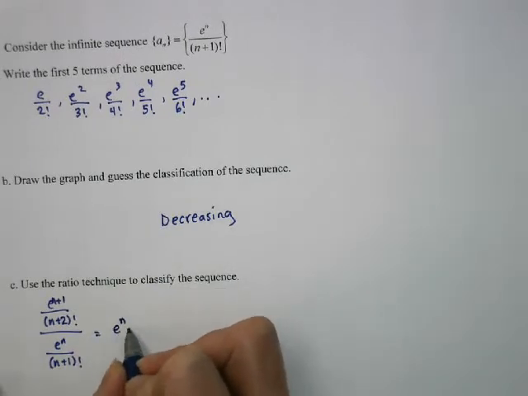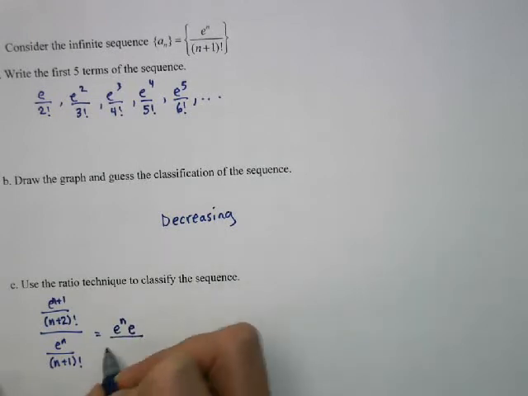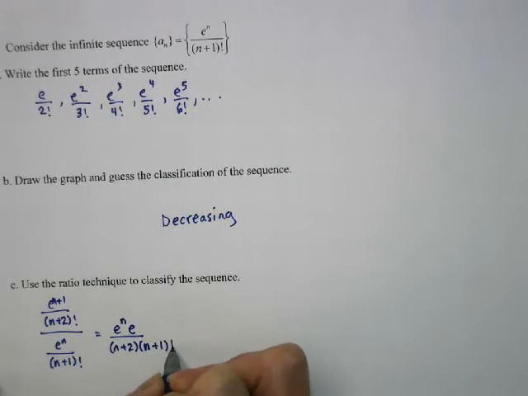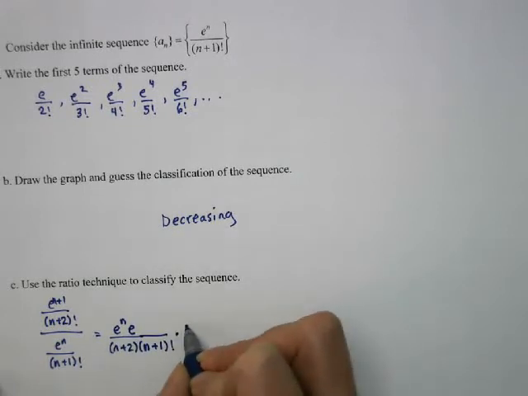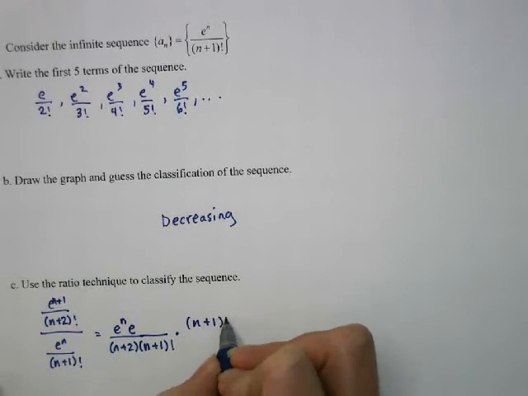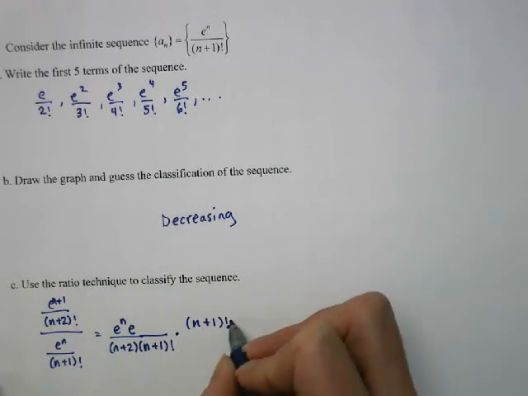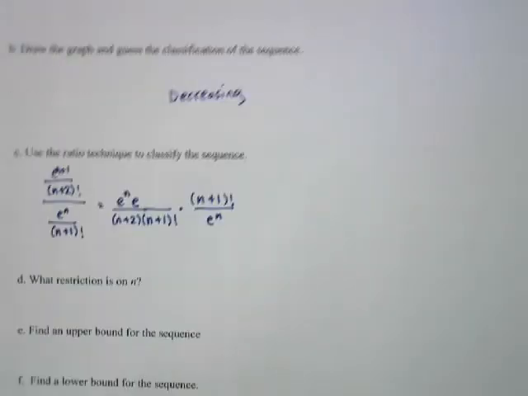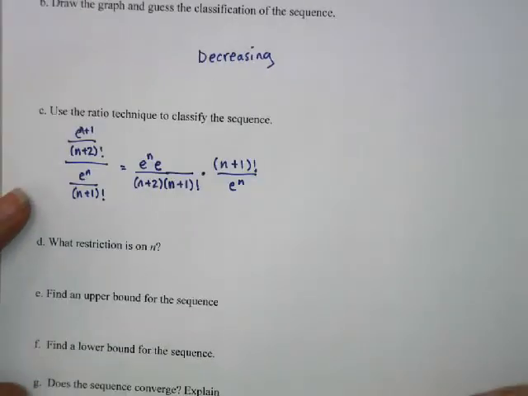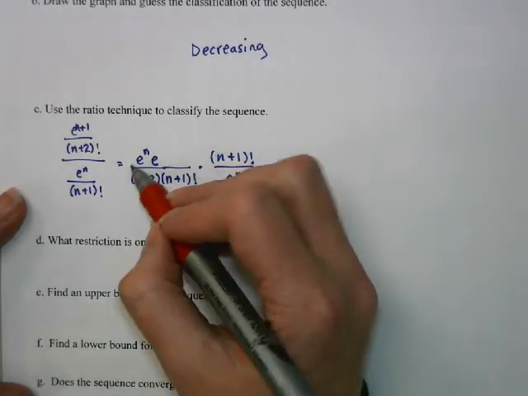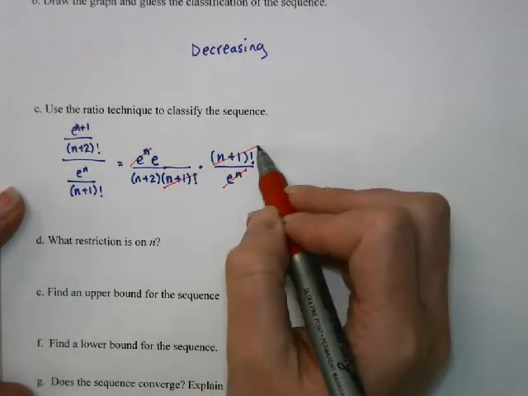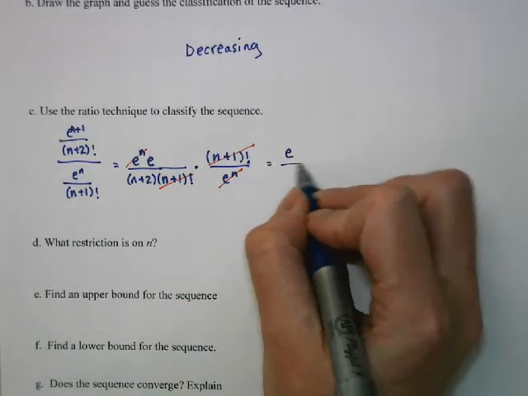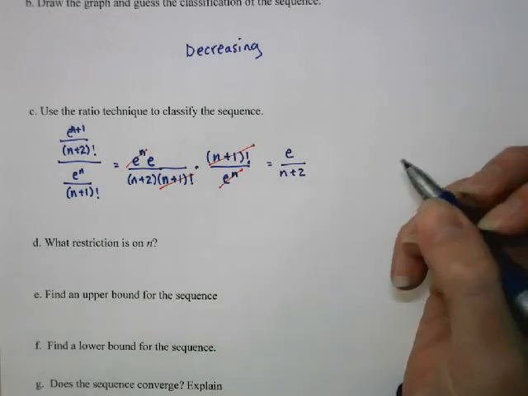So we're going to have e to the n times e over (n+2) times (n+1) factorial times (n+1) factorial over e to the n. Apologies. So e to the n, (n+1) factorial, (n+1) factorial cancel. So we get e over (n+2).